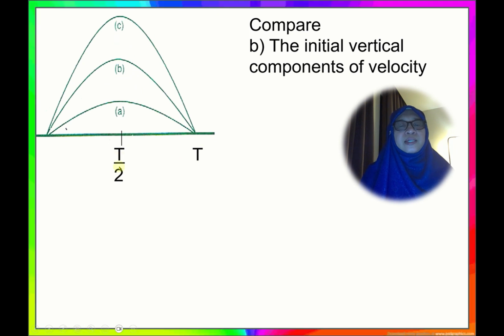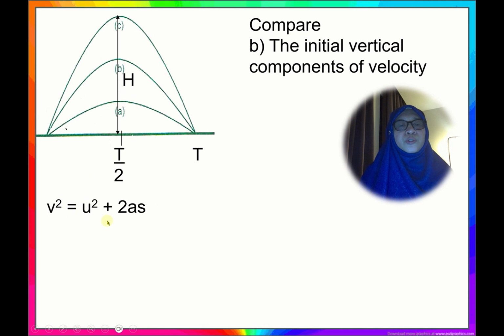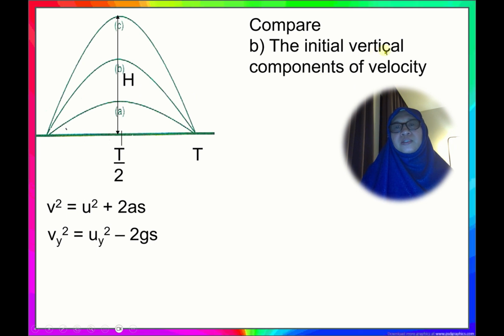That's why the time taken to reach the peak will be half t. Then let's say the height is h. And we use the linear equation v squared equals u squared plus 2as. We take the vertical component because here we are going to compare the initial vertical component. That's why we choose the y component.